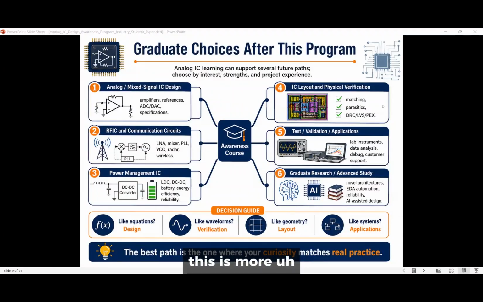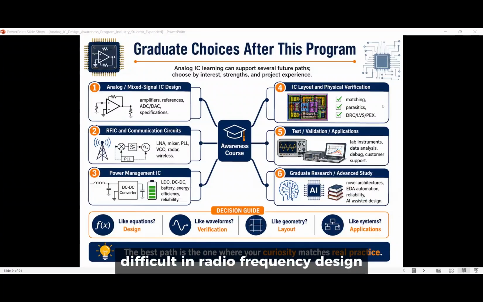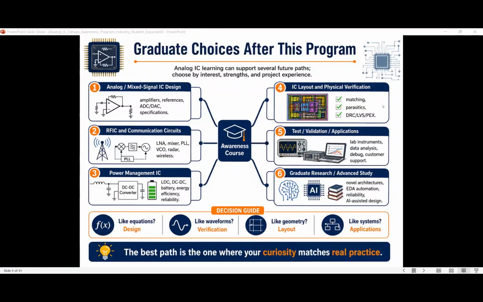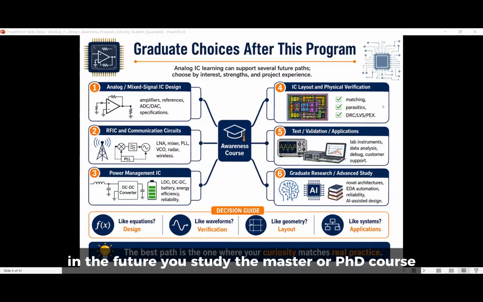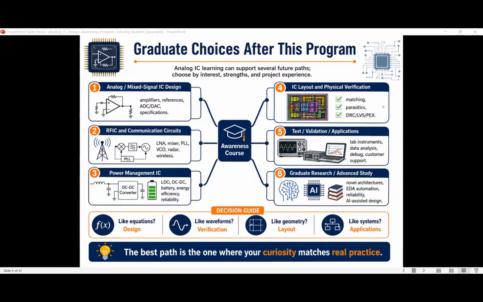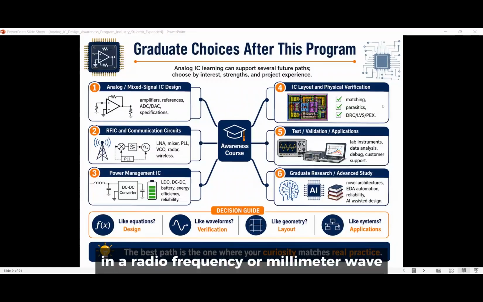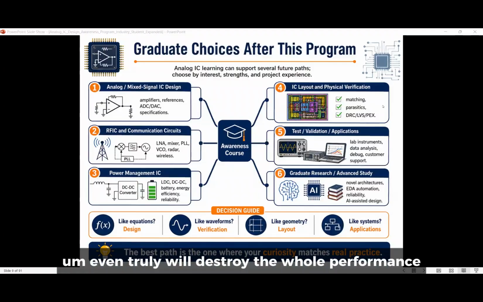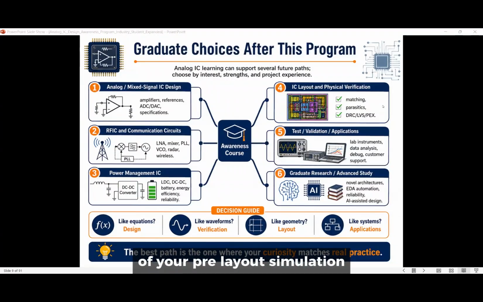This is more difficult in radio frequency design because the layout parasitics are very critical. If in the future you study a master's or PhD course and draw layouts for radio frequency or millimeter wave, you will find the layout can destroy the whole performance of your pre-layout simulation.